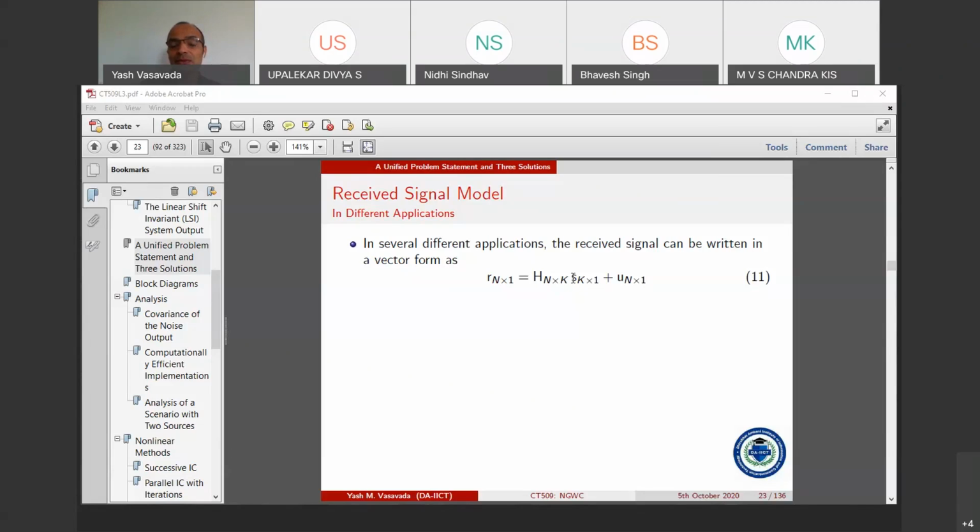When capital K is equal to 2, you have to enumerate basically all these 4 possible vectors S. For each of those vectors S, you will take H times S. That will give you R hat. Then you calculate the Euclidean distance between R and R hat, and then take the minimum of those distances. And that becomes your estimated S. That is the maximum likelihood estimate. And you should see that it outperforms all of these 6 techniques that you are implementing, these 6 algorithms.